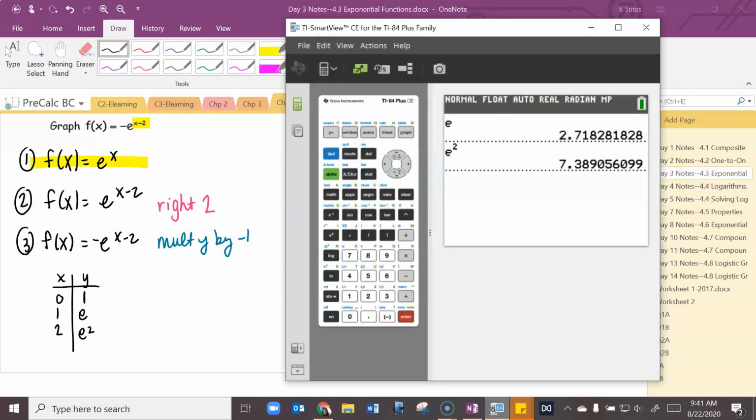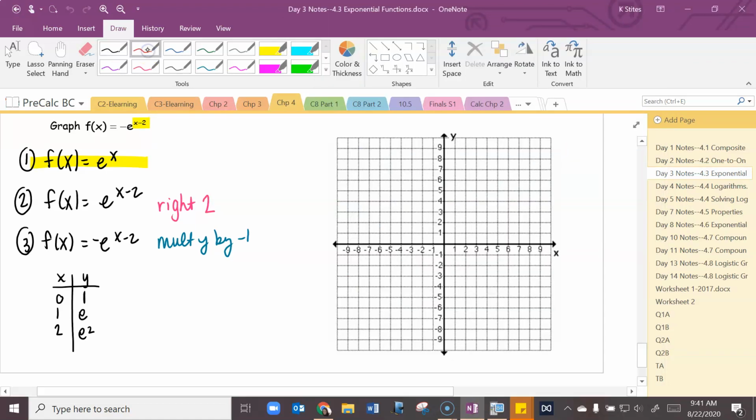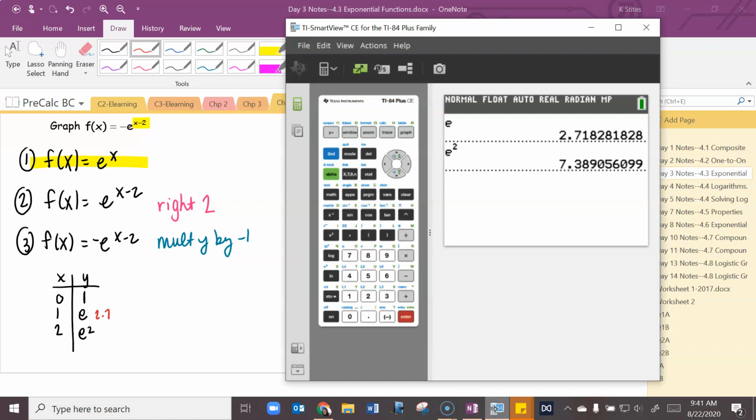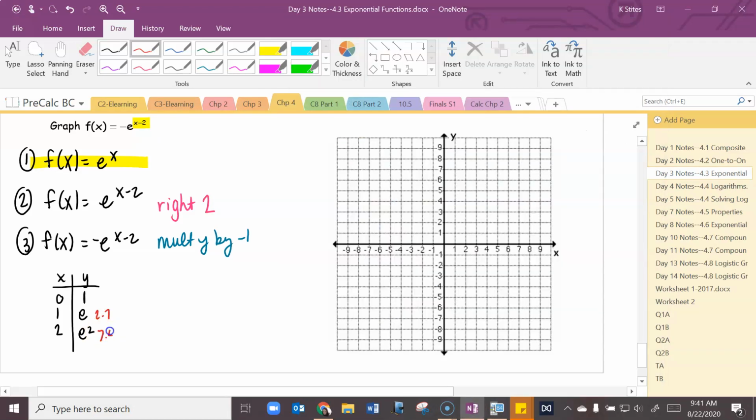So e is, just for graphing purposes, I'm going to say 2.7. And e squared is, we're going to say 7.4. Again, just for graphing purposes. So that's the parent function. 0, 1, 1, 2.7, 2, 7.4.